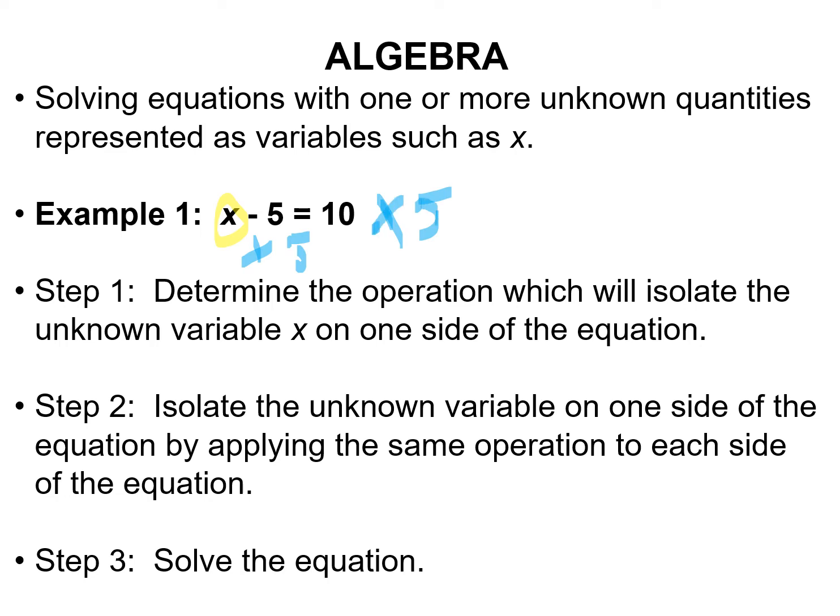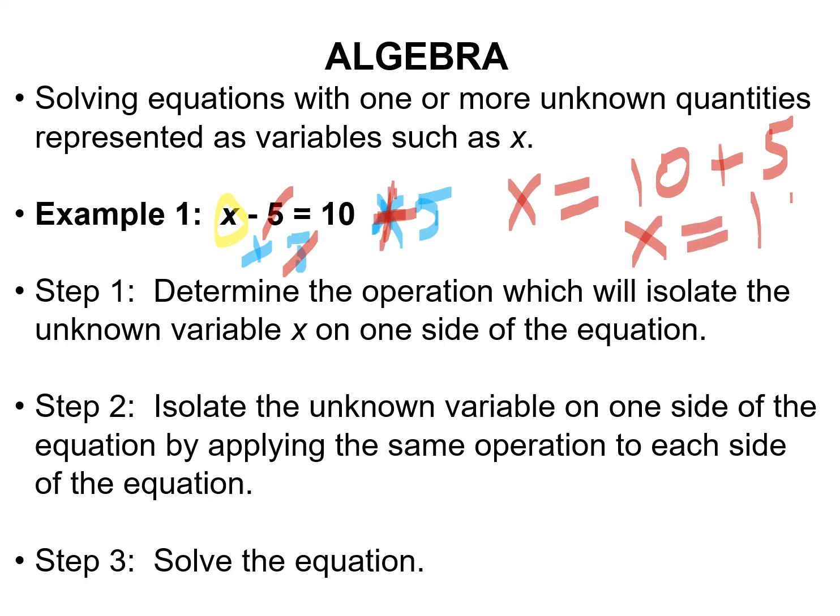If I do that, I will have x equals 10 plus 5. This will cancel out here, and then I'm just adding. So then x equals 15.